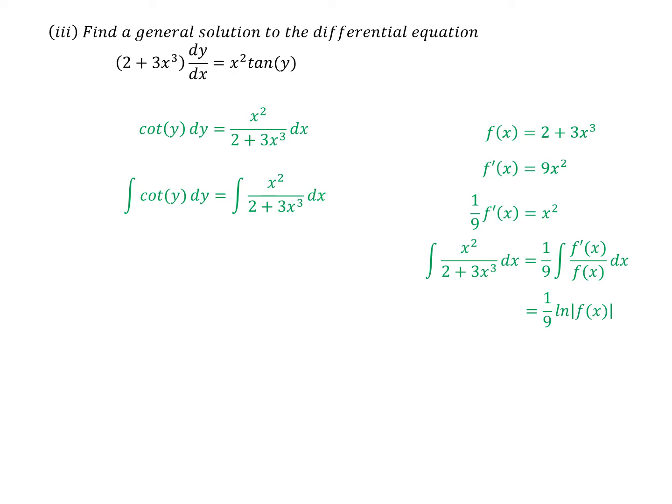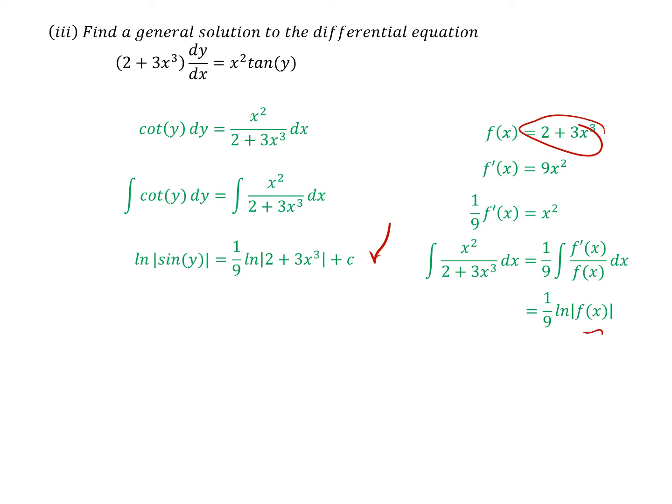So when I put that into my integration, then I get ln sine y, as I said, is 1/9 ln f of x. Well, f of x was what I called 2 plus 3x cubed. So you could say that that is an answer to the question, the general solution to the differential equation.